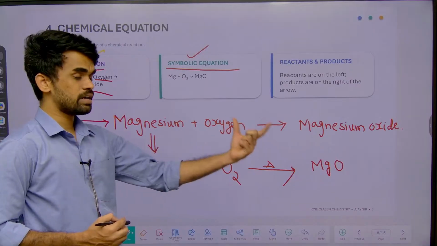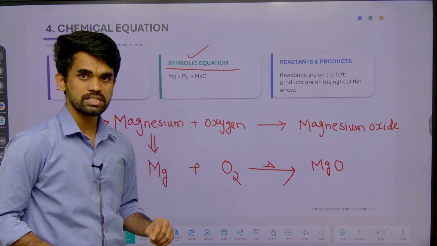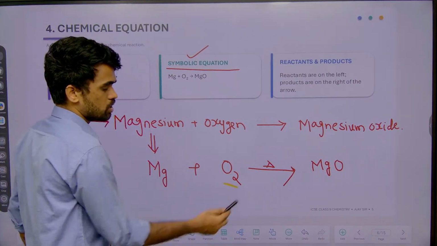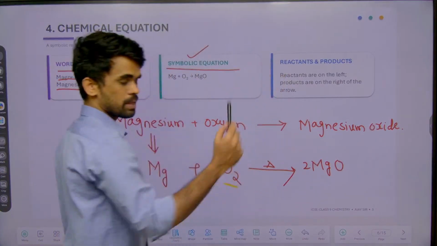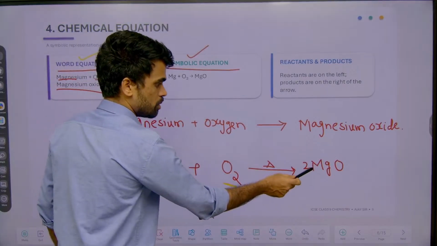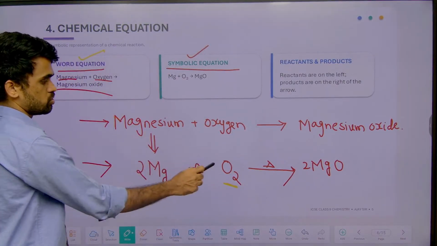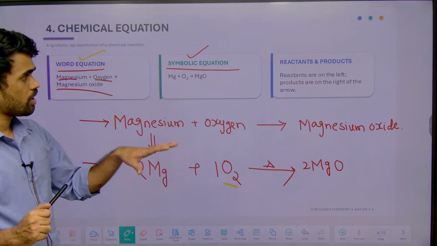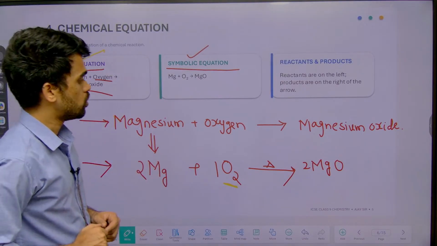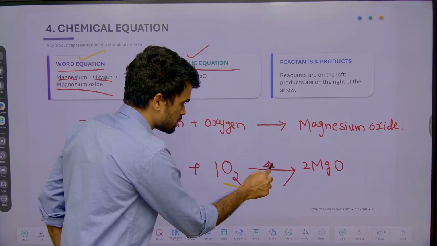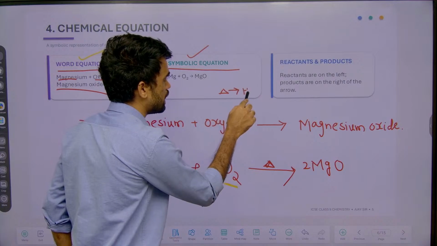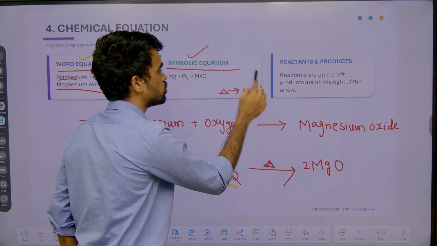Next, what I told you: there should be the same number of atoms at the reactant side and the product side, left side and right side. So how many oxygens are there here? 2, right? So here also it should be 2. If it is 2, magnesium also has to be 2. So this is how you need to write the symbolic equation. Now here I used a delta symbol. This delta symbol indicates we are using heat during the reaction.